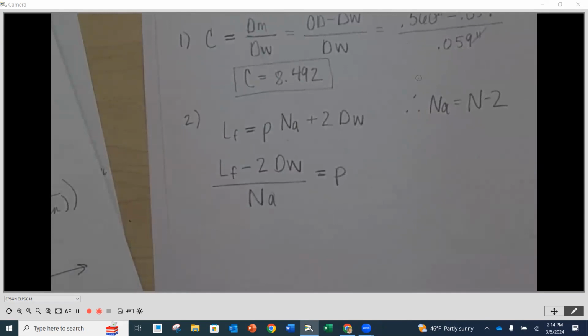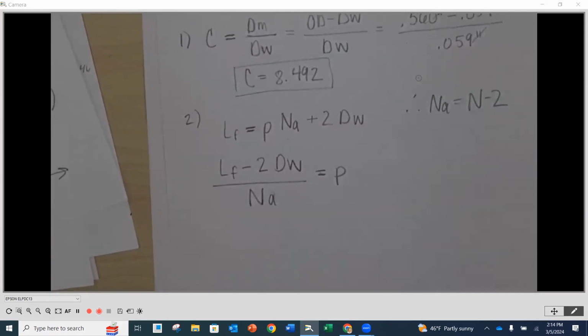Once you have it rearranged, go ahead and put your values in with units, and take a peek up here if you just want to confirm the rearrangement, so that we make sure that we have the appropriate units in the end. We're looking for pitch.